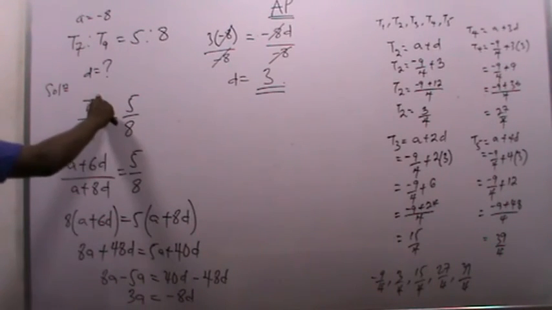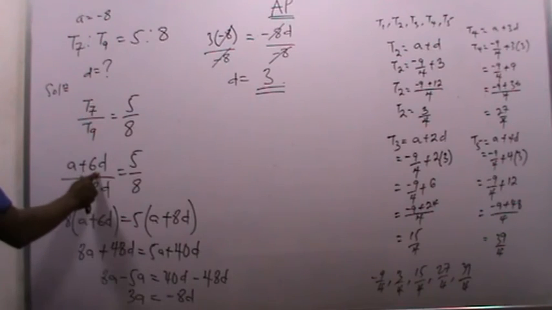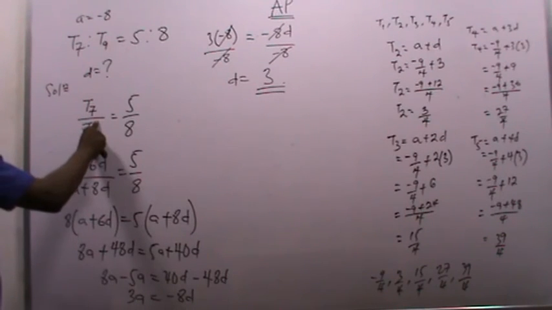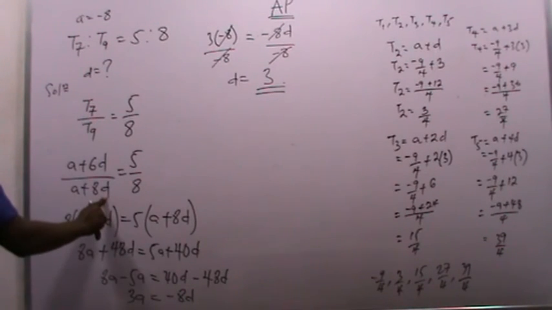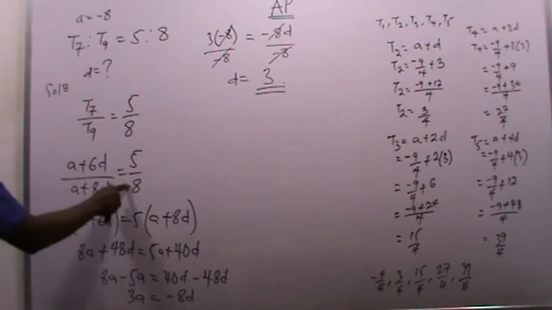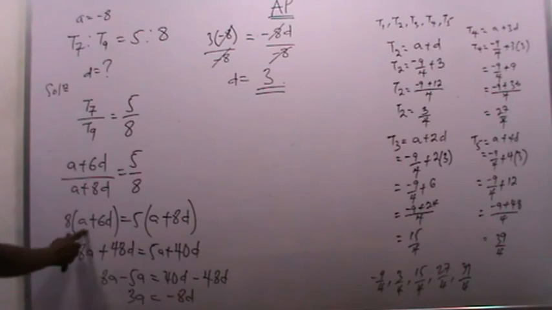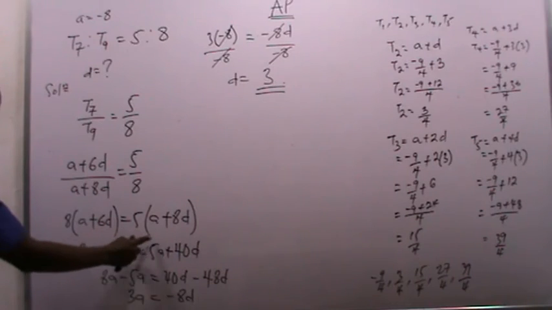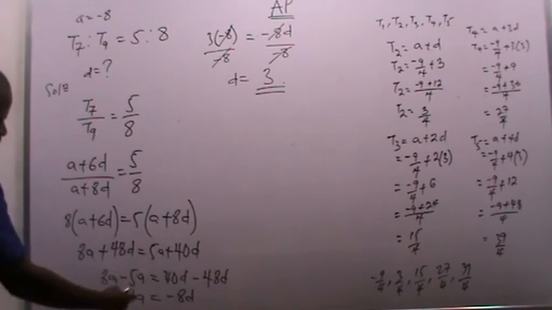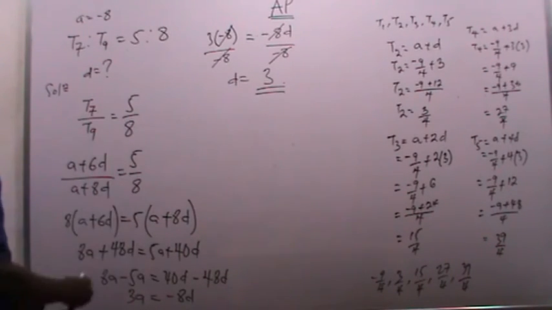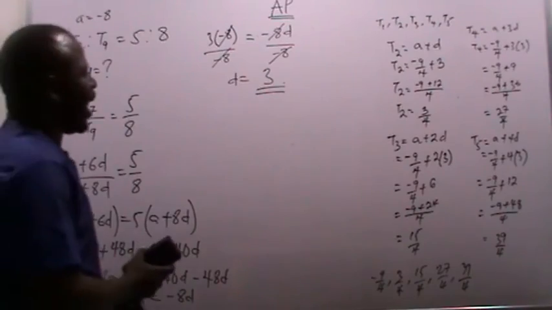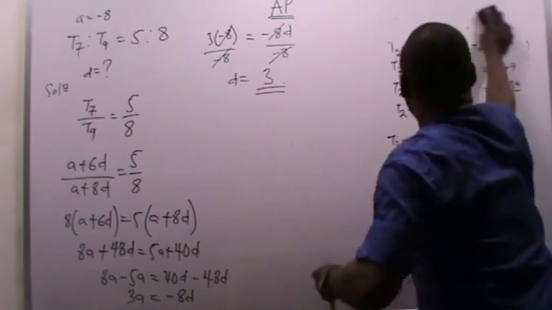The formula for T7 is A plus 6D, and for T9 is A plus 8D. Cross multiply: 8 comes here, 5 comes here. Open the bracket, then collect the like terms. That is how we arrive at our answer.